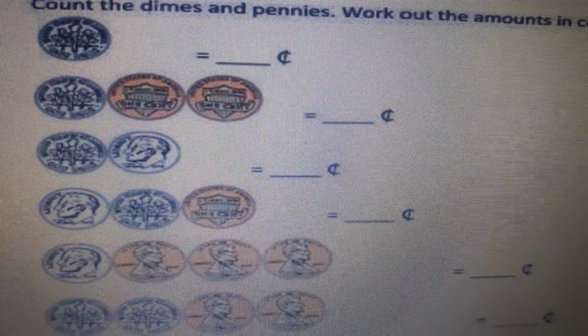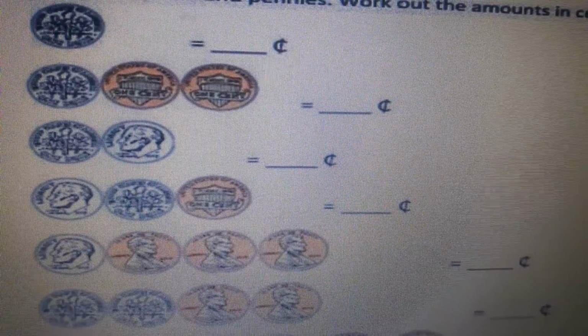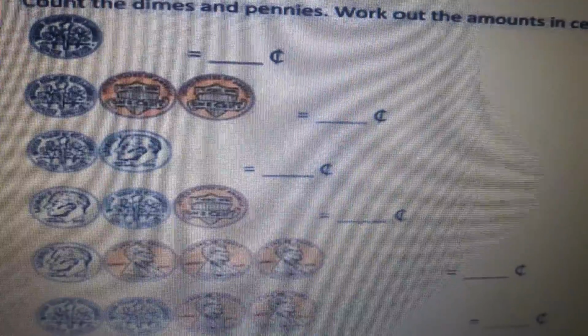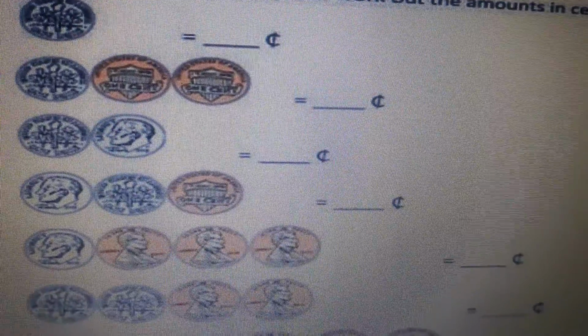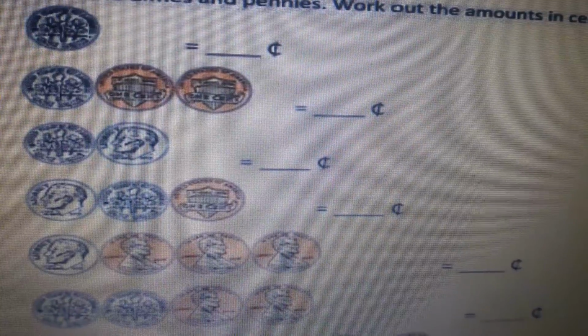Okay, we have 1 coin of the dime and 2 coins of the cent or the penny. Okay, so it will be 10 plus 1 plus 1. It will equal 12 cent.